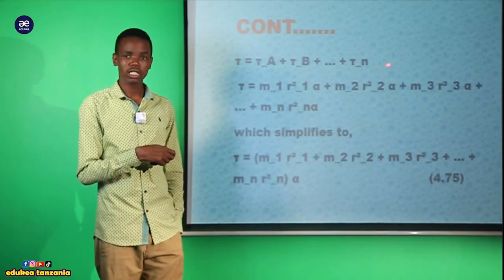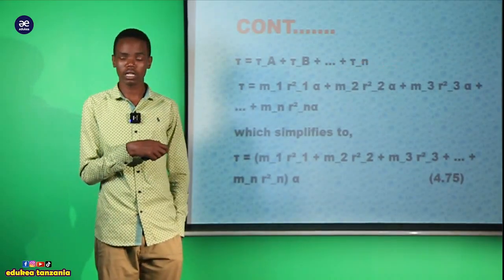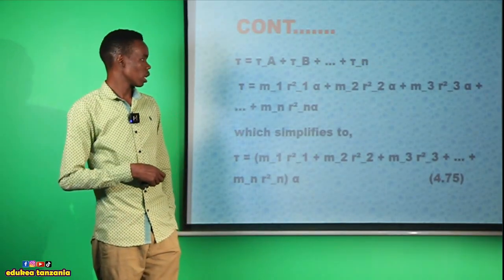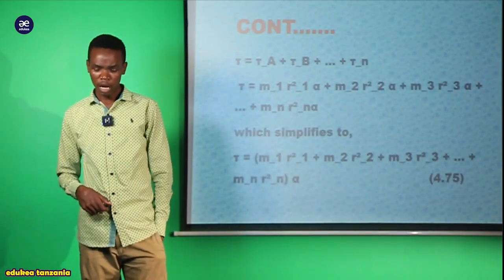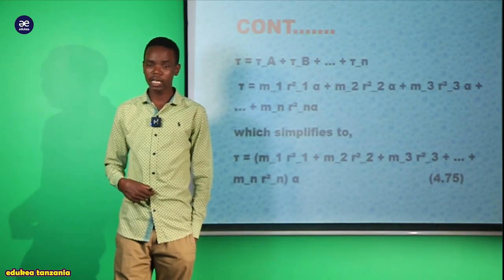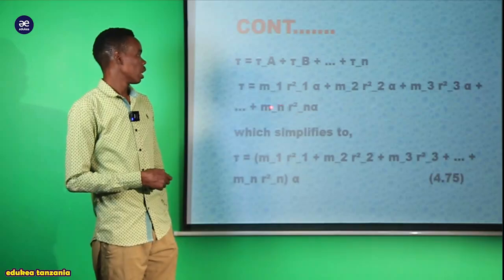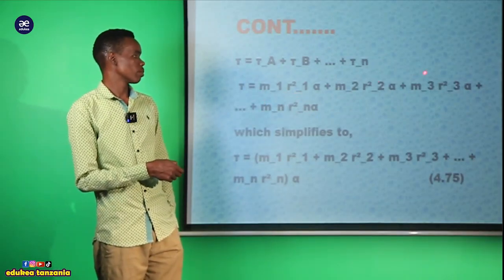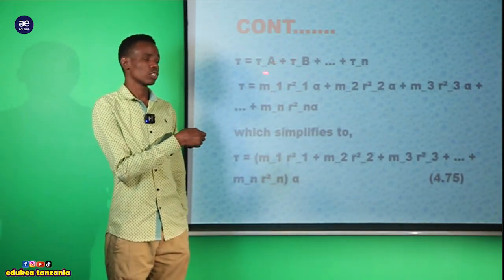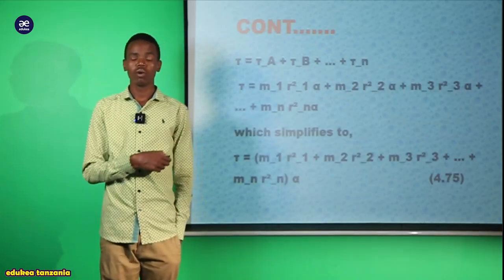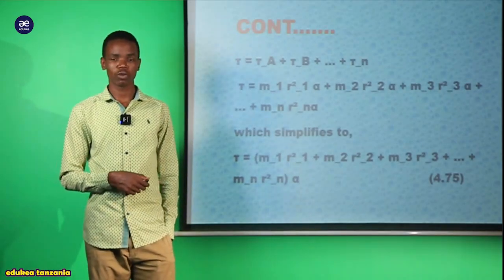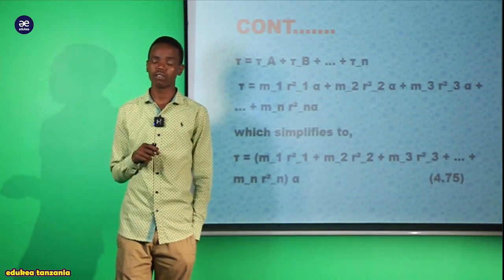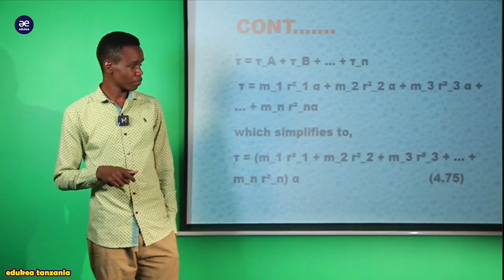We add up to the nth term of the torque, as we tried to demonstrate here. But after this, let us substitute the torque, the formula of the torque, with the equations that we tried to demonstrate in 73 and 74.